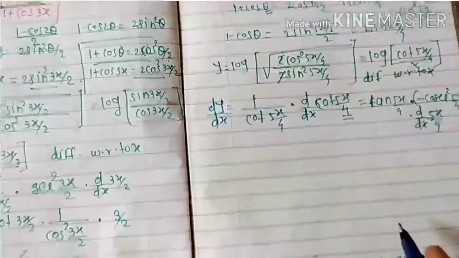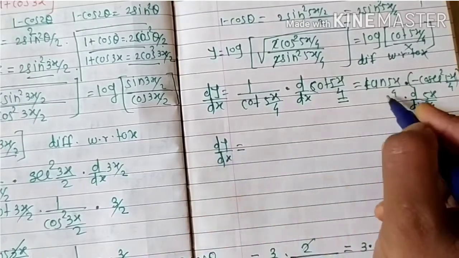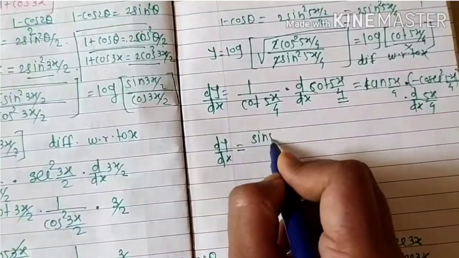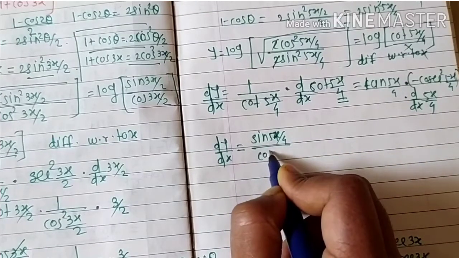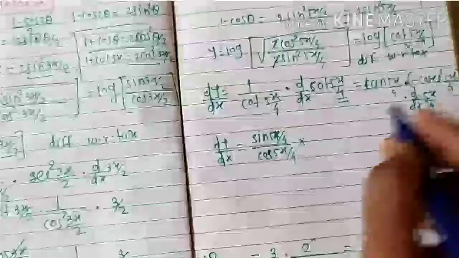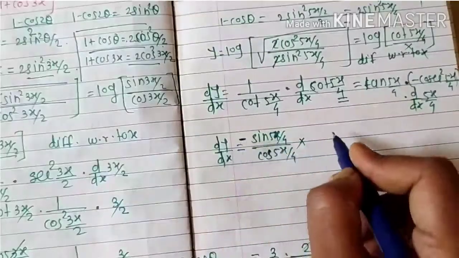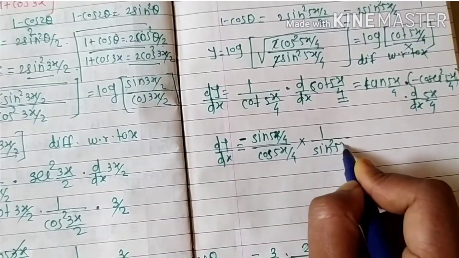Therefore dy by dx is equal to tan, which means sine 5x by 4 divided by cos 5x by 4, into cosec square, minus sign we take outside, cosec square means 1 upon sine square of 5x by 4.